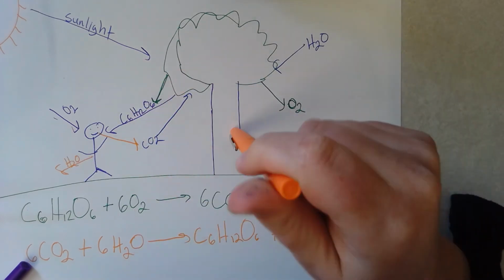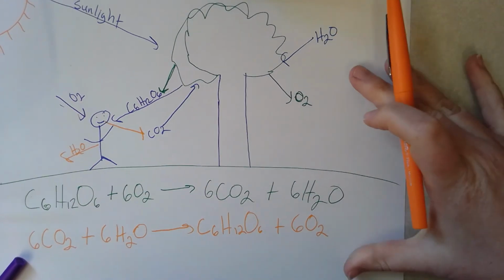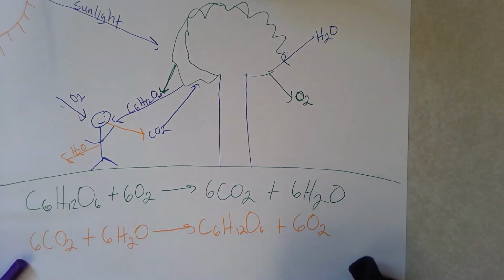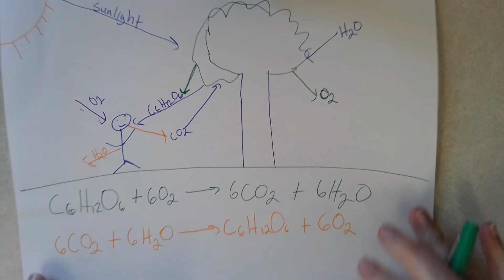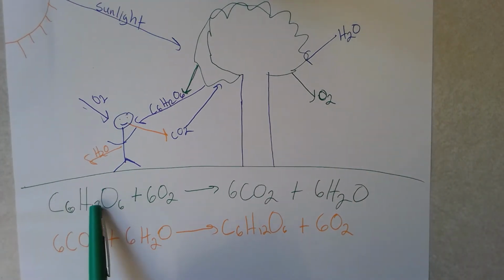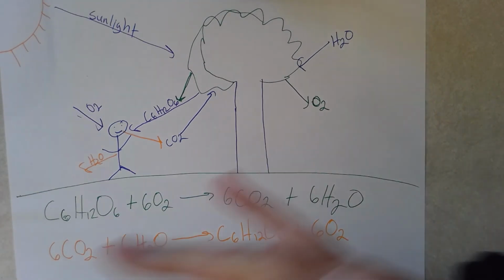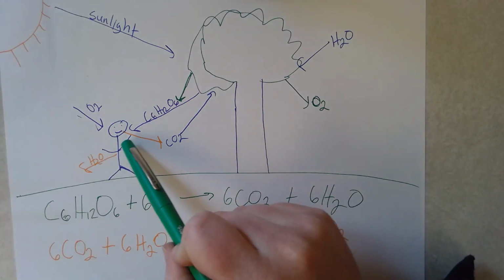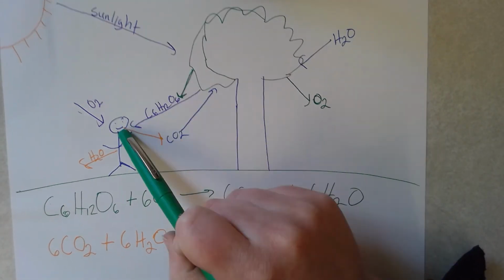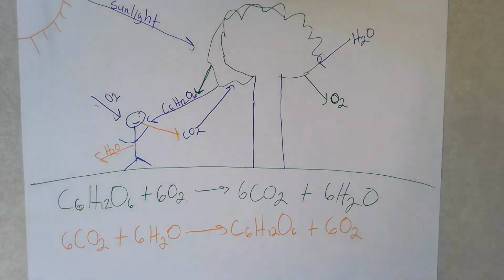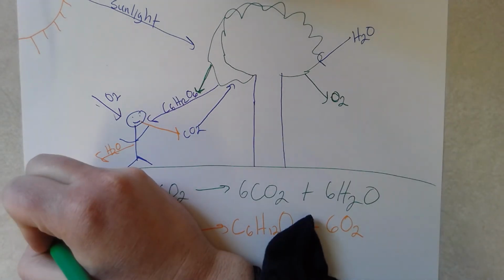So the two chemical equations for photosynthesis and cellular respiration are just opposites of each other. So I started here with this first equation where you have sugar and oxygen being put into the equation. So if you look at this, that would be the human here, sugar and oxygen. And humans perform cellular respiration.